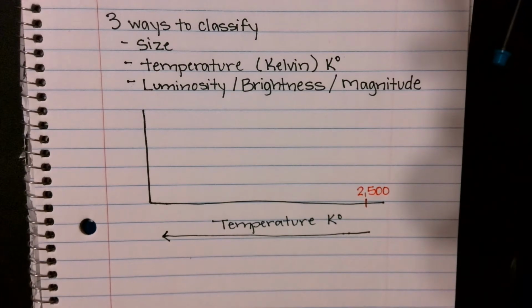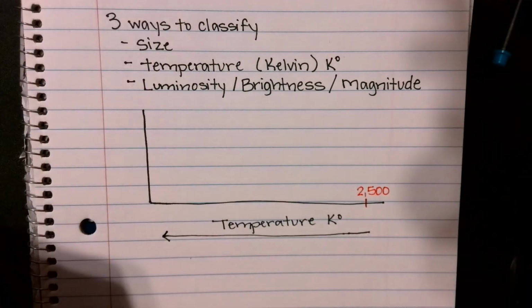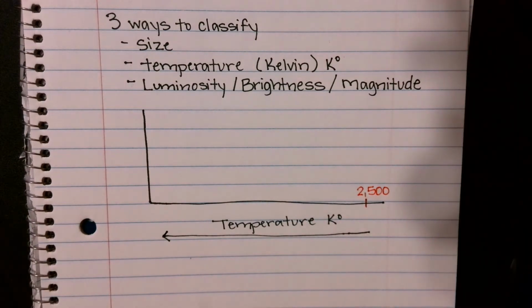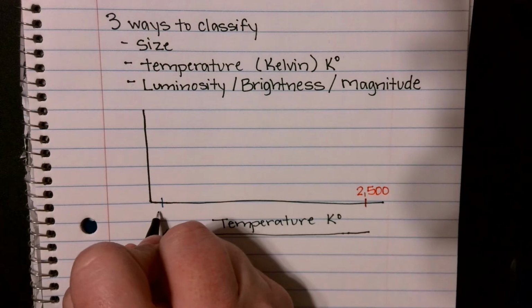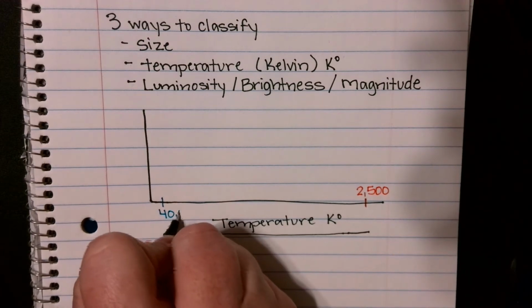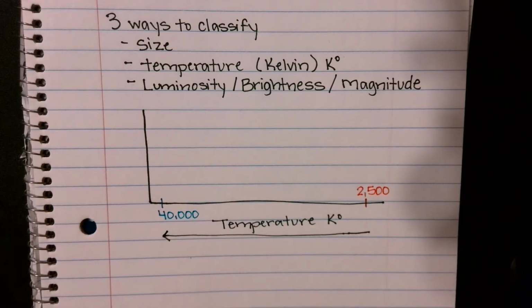And we're going to get to some of our hottest stars, which are going to be over here, and they are going to be around 40,000 Kelvin.